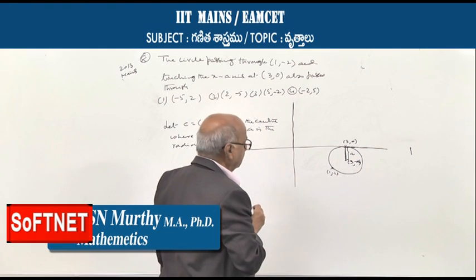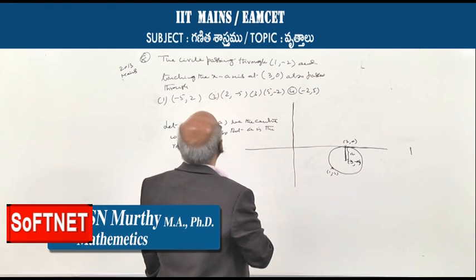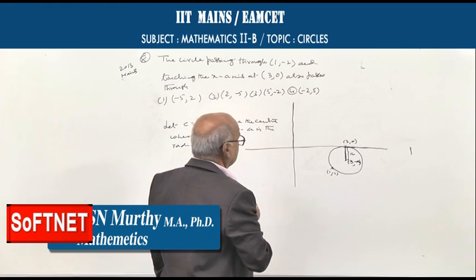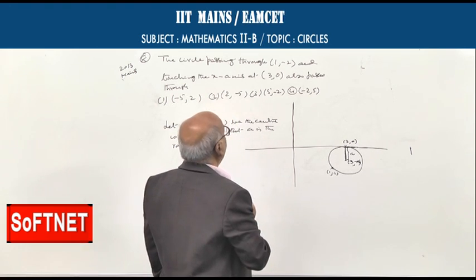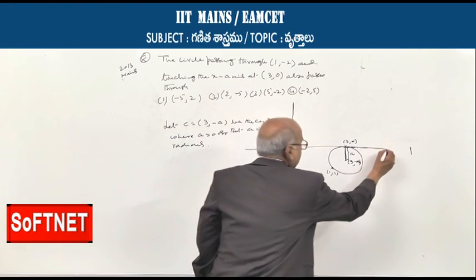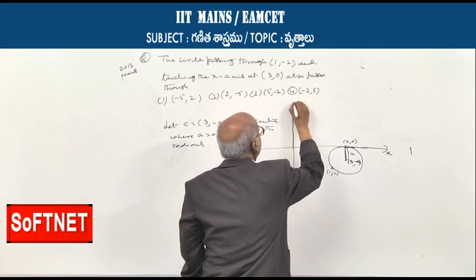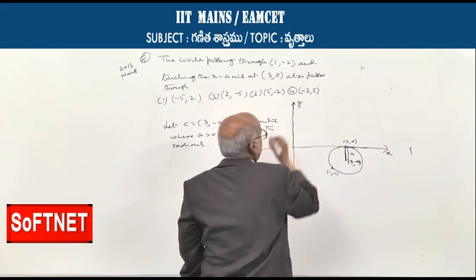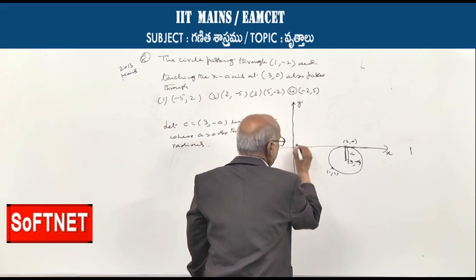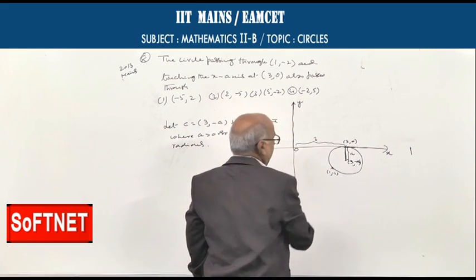What is given is that the circle touches the x-axis at 3 comma 0. So on the x and y axes, this length is 3.